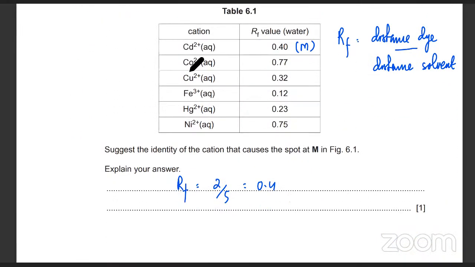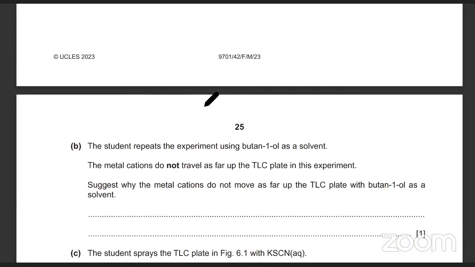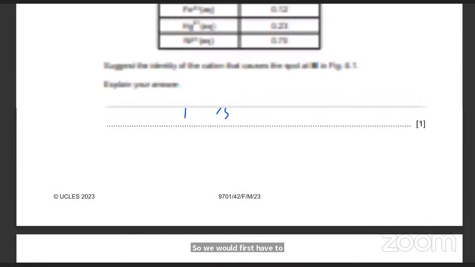That's the next one. The student repeats the experiment using butane-1-ol as the solvent. The metals do not travel as far up the TLC plate in this experiment. Suggest why the metal cations do not move as far up the TLC plate when butane-1-ol is the solvent. So we would first have to compare this with what he was using before.